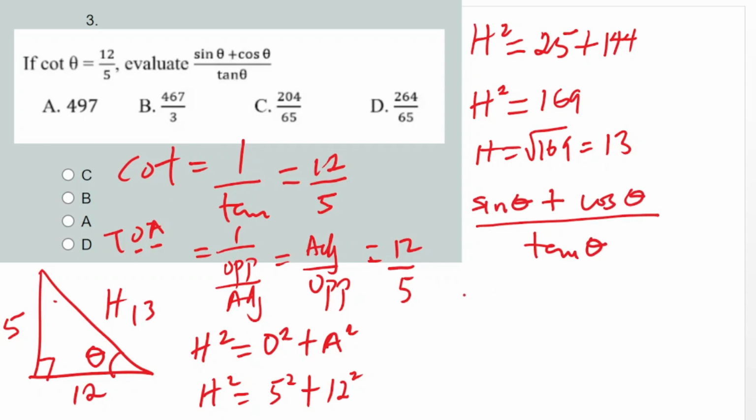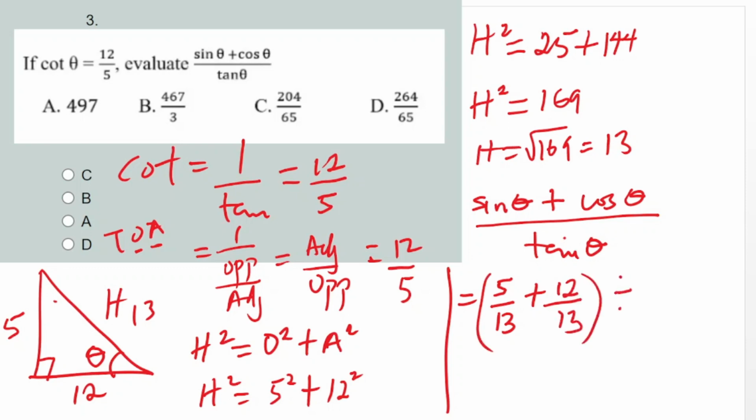Sine theta is opposite over hypotenuse, which is 5 over 13, plus cos theta, which is adjacent over hypotenuse, that is 12 over 13. Everything here is divided by tan theta. What is tan theta? Opposite over adjacent, that's 5 over 12.